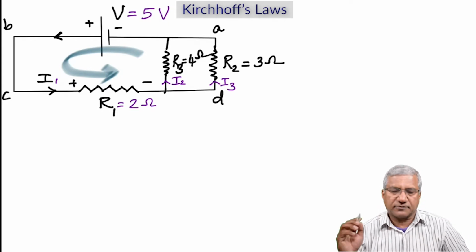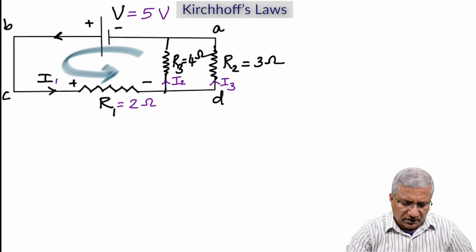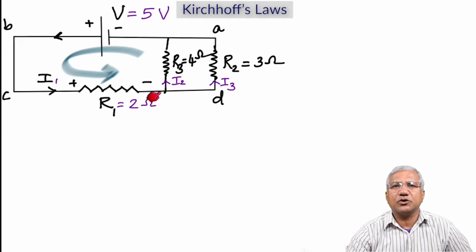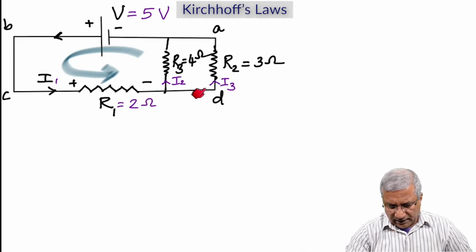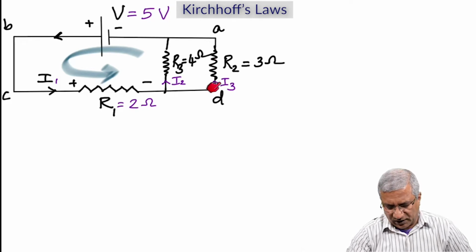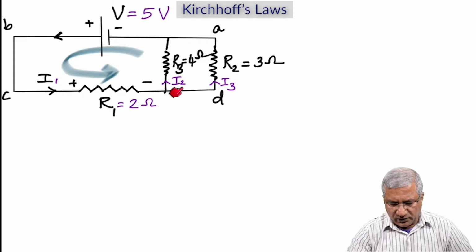Now stop a minute. Let's look at this. That current I1, when it reaches here, splits into two: I2 flowing through R3 and I3 flowing through R2. I should have called it I2 and I3, but it doesn't matter, really.